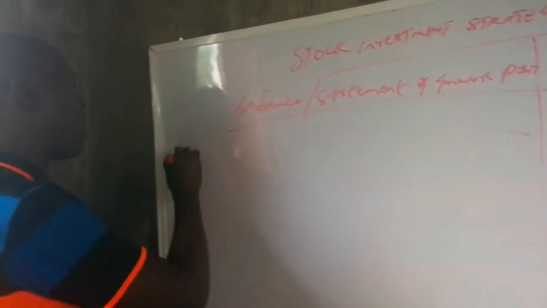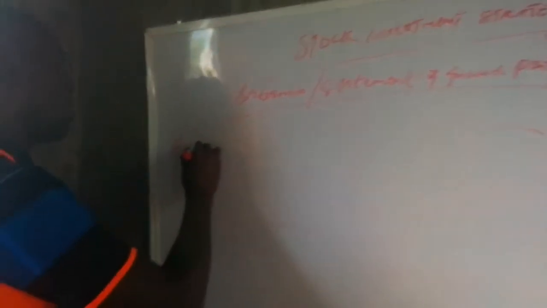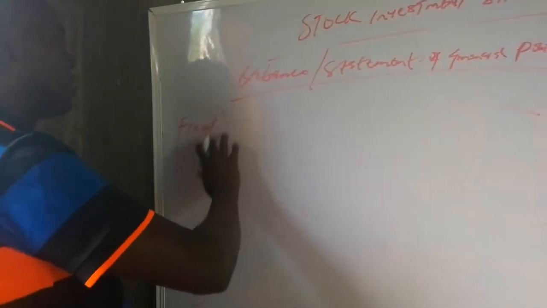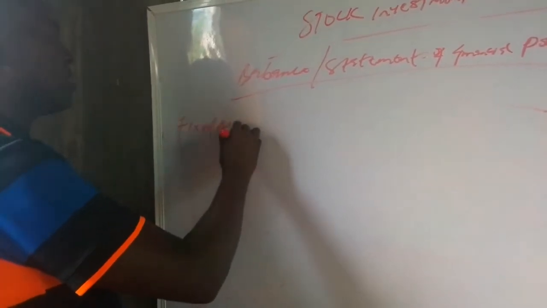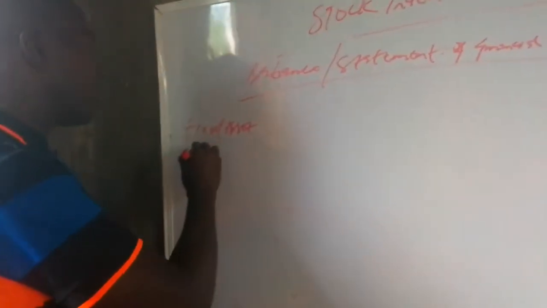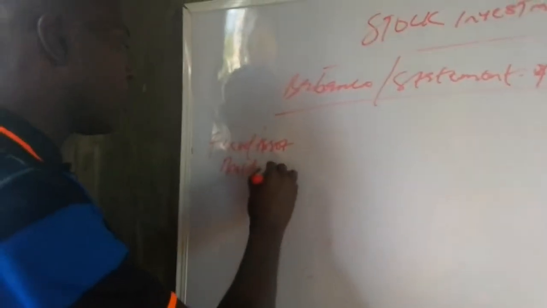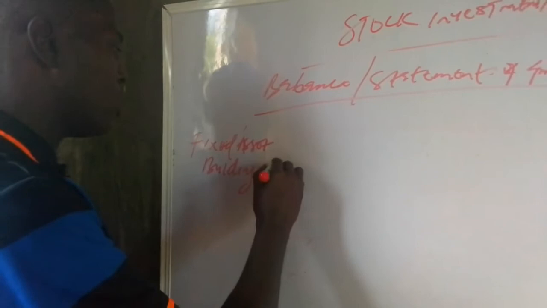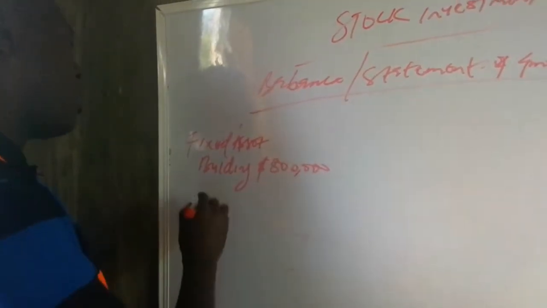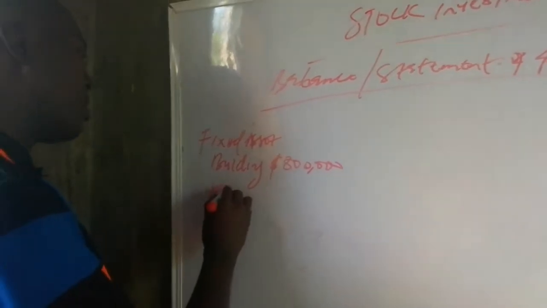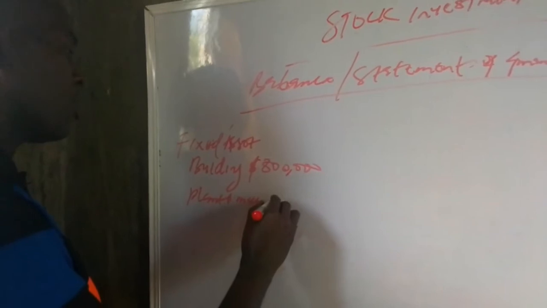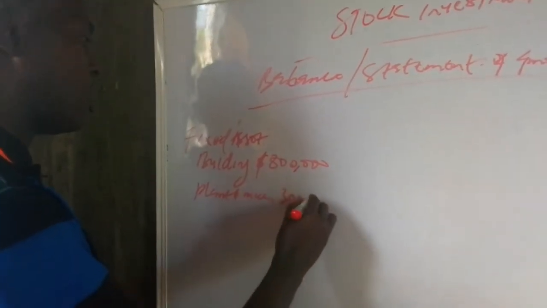So we have your fixed assets, or some people call it non-current assets. Some of these fixed assets: we have building, something like $800,000. We have plant and machinery, $300,000.